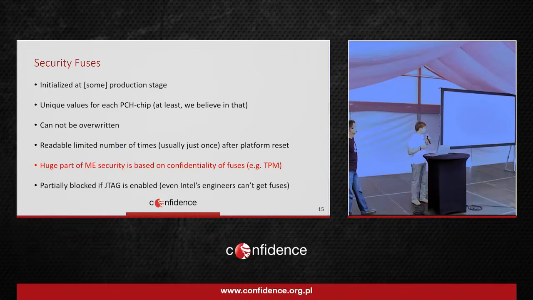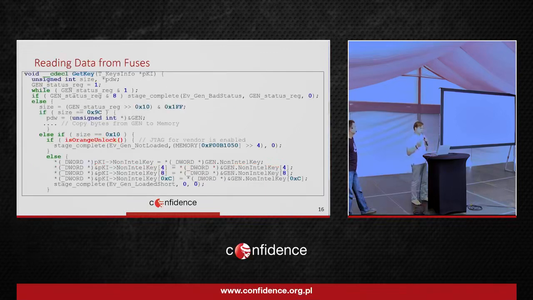On this slide, you can see how it's implemented in ROM. Fuses are available only for a short time in the ROM phase. After that, ROM closes access to this memory.